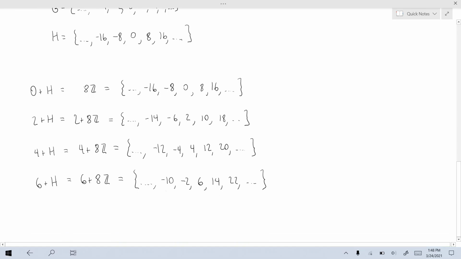Now, a bit more precisely, I have found all of the left cosets of H in G. Okay? But again, in this example, our group G is an abelian group. So the left cosets coincide with the right cosets, okay?